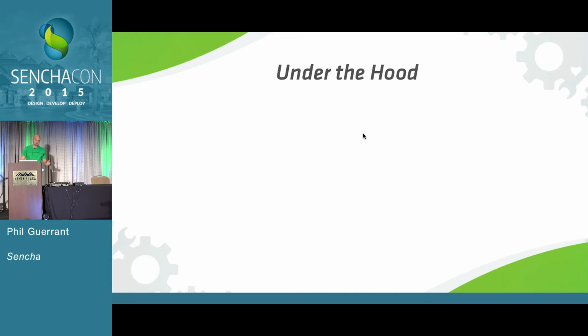So now that we've seen how fashion works, let's go a little deeper and look under the hood and see how exactly it works. First of all, we'll talk about compiling, how the compiler works and what makes it so fast. And then I'll show you how to debug fashion.